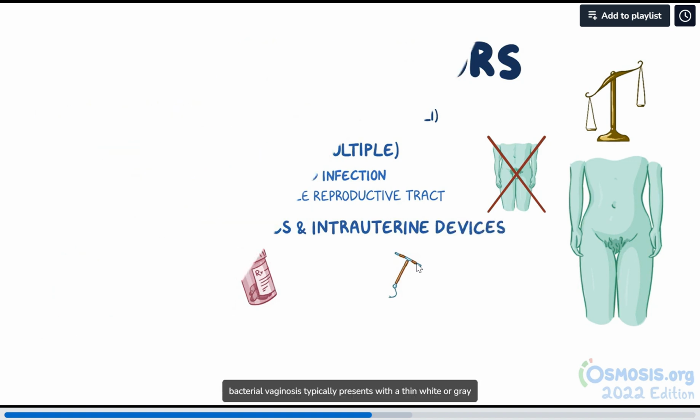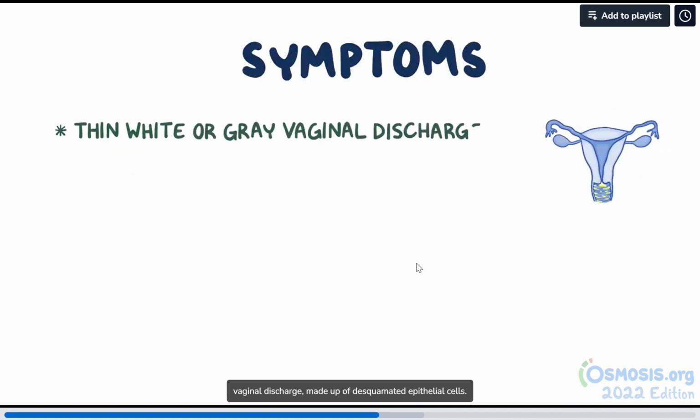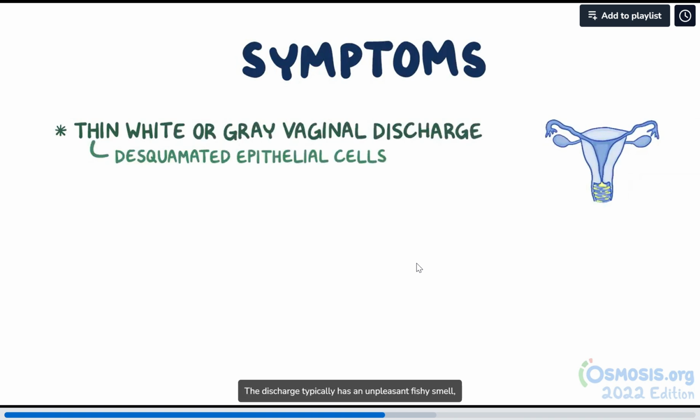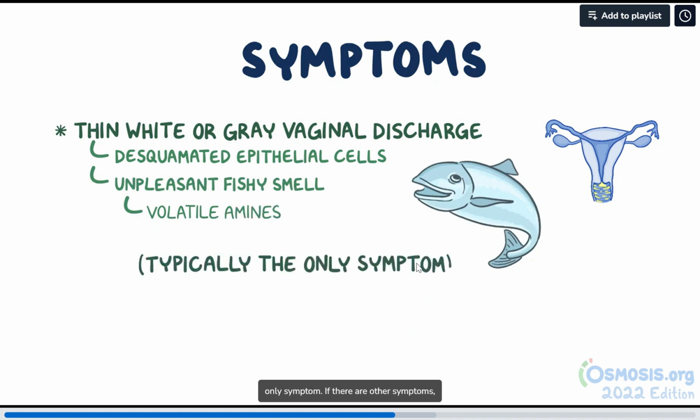Now, bacterial vaginosis typically presents with a thin, white or gray vaginal discharge made up of desquamated epithelial cells. The discharge typically has an unpleasant, fishy smell on account of volatile amines, and this is typically the only symptom.